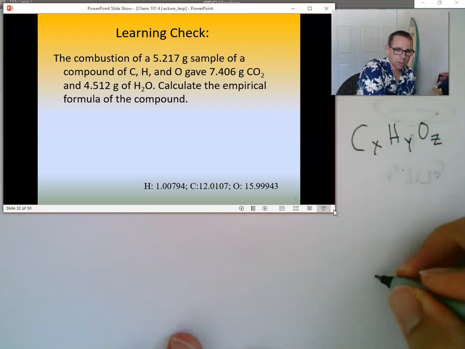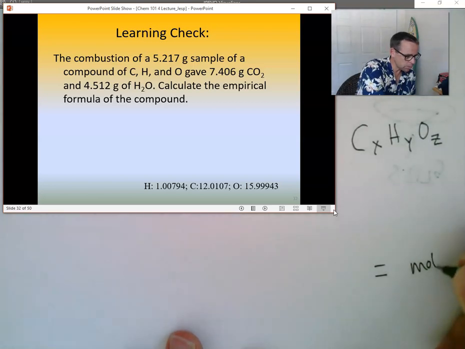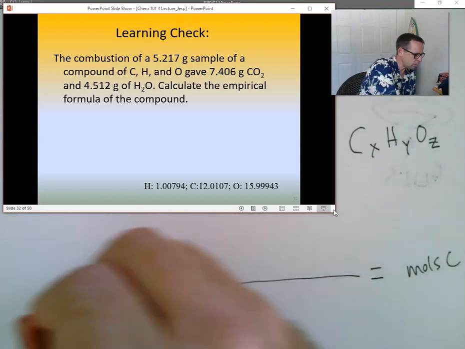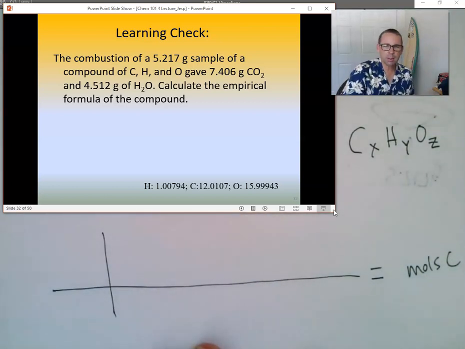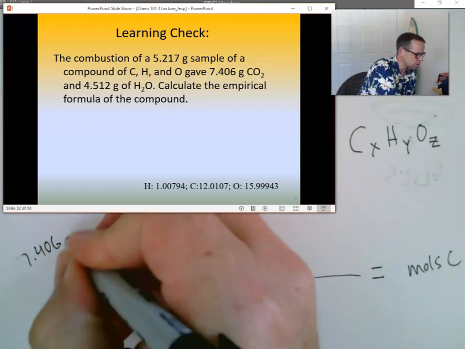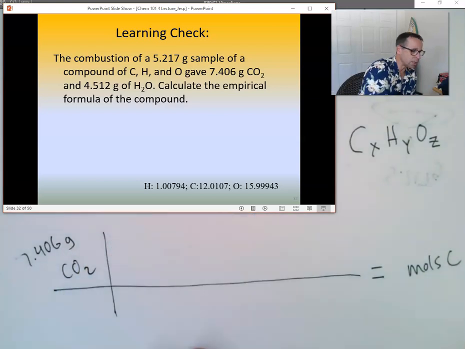So the first thing I want to solve for is the moles of carbon, right? What I have to start with, this time I don't have grams of carbon, but I have grams of what that contains the carbon? Carbon dioxide. That's right. So I can go 7.406 grams of carbon dioxide.